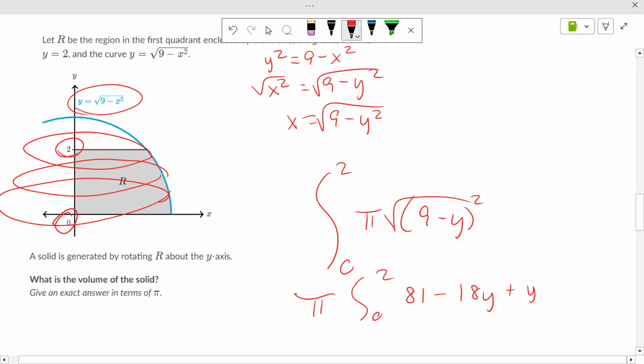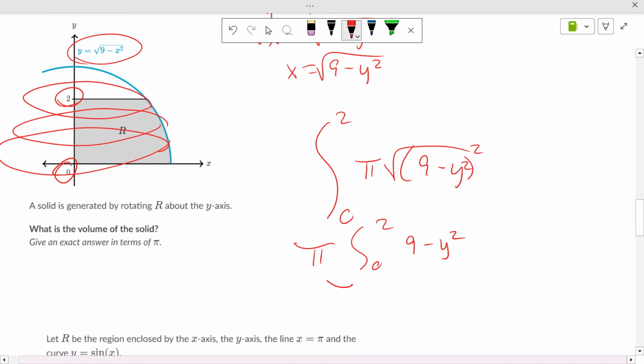That's what I did this morning, and that's why I got Kendra's problem wrong, which led to you guys getting all the answers. Thank you, Kendra. When we square the square root, we get 9 minus y squared, right? Yep. So when we do this, it's 9y minus 1/3 y cubed from 2 to 0.